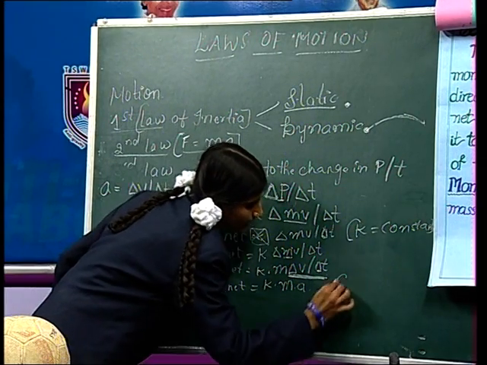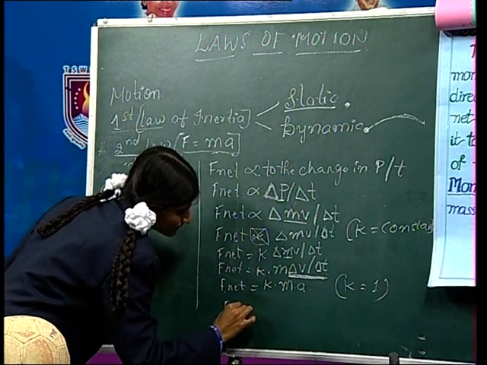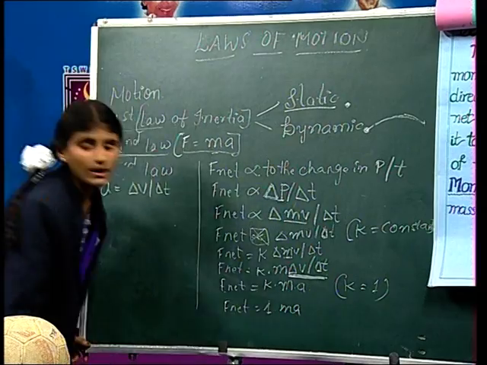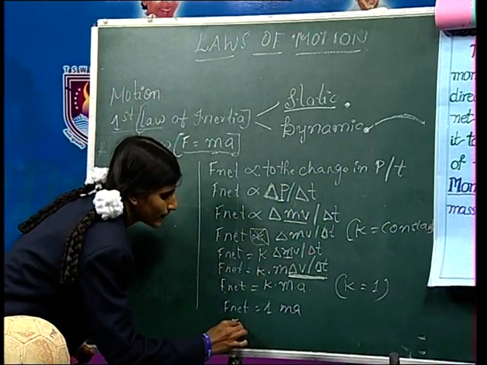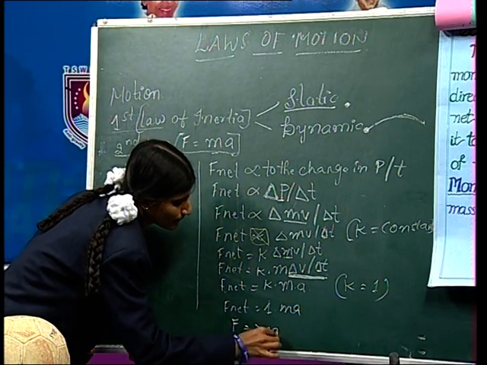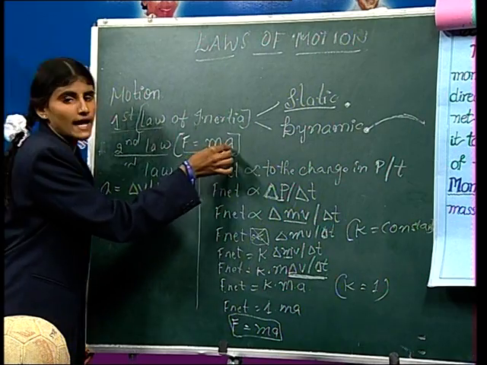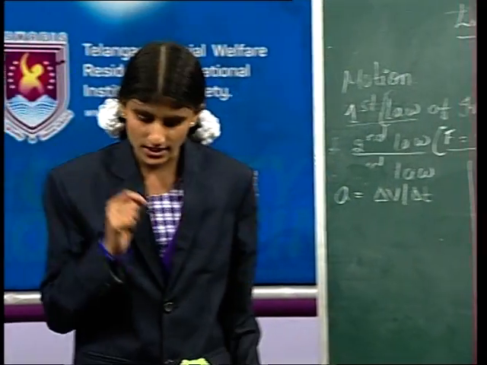So, if we take k as 1, then we get F net equal to 1 ma. When we multiply this 1 with ma, then we get F net equal to ma. So, F equal to ma. It means the force equal to the product of mass and acceleration. Force equal to the product of mass and acceleration.